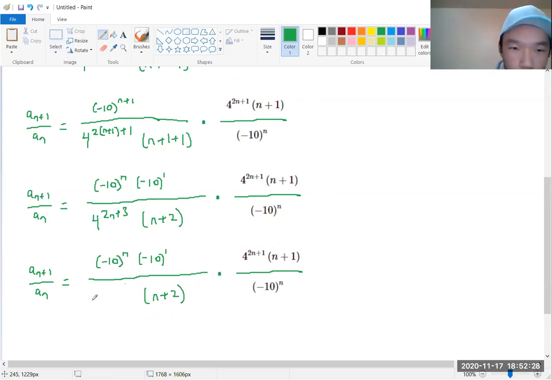And then I'll write it as 4 to the 2n plus 1 times 4 squared. Is that okay? You guys are convinced that's the same as 4 to the 2n plus 3. So what I did was I rewrote this as this.